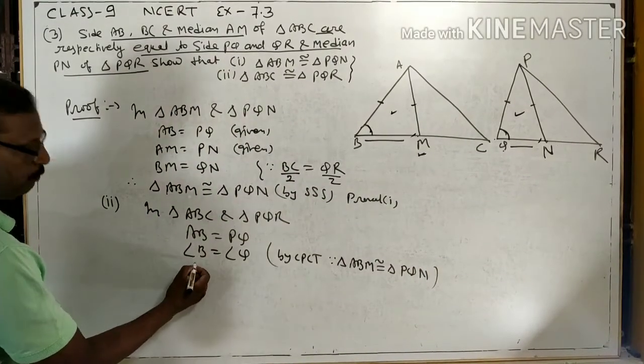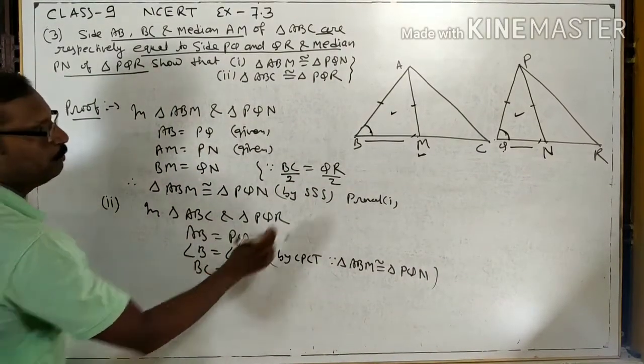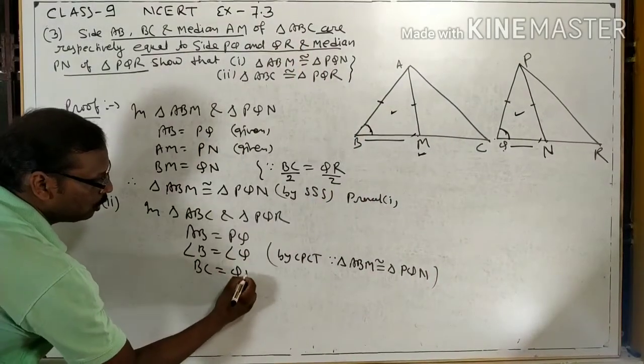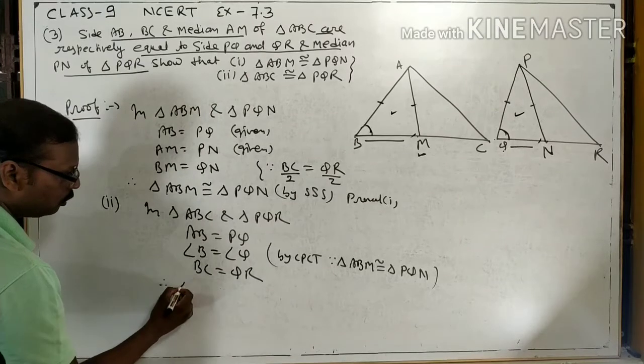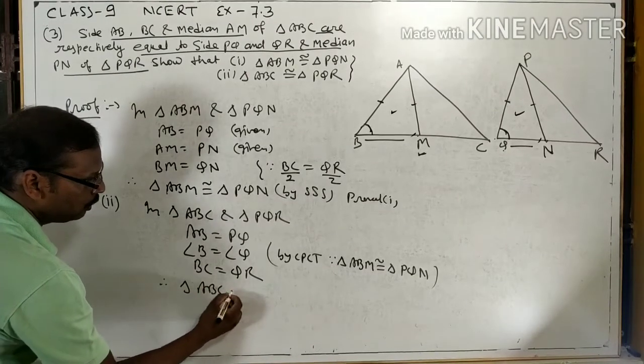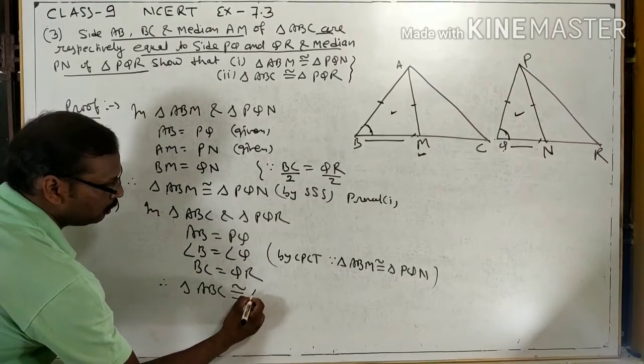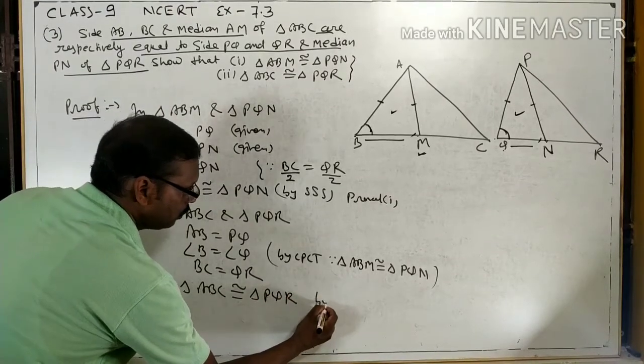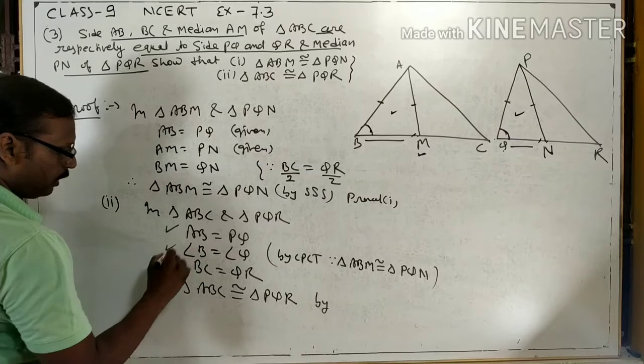And last, BC equal to QR, it is given in the question. So triangle ABC is congruent to triangle PQR by side angle side.